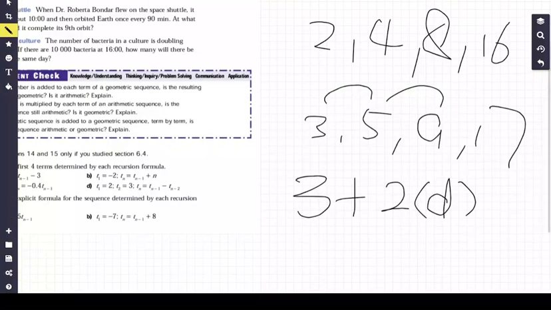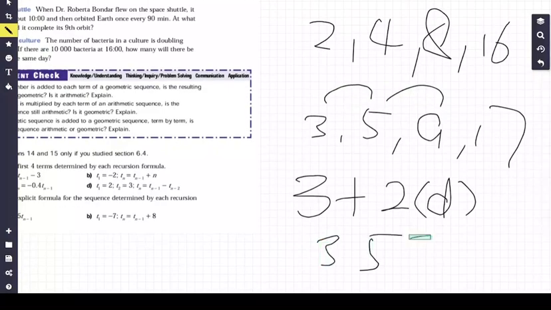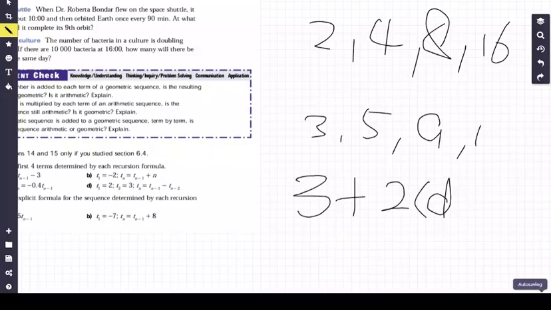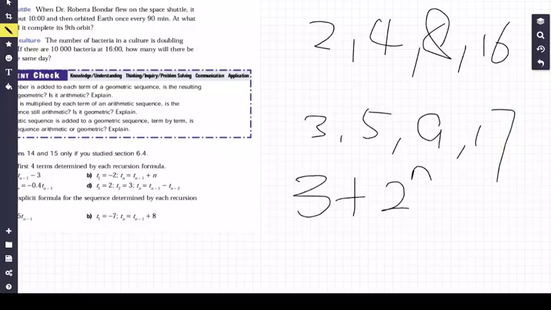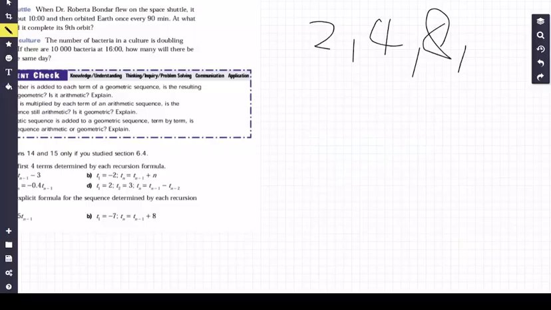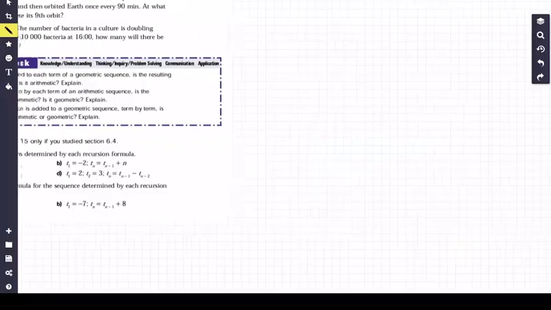If it was geometric, it would have been 3, 5, 7. But now what we have here is 2 to the n, instead of 2 multiplied by something. And you look at this, this isn't a geometric sequence, this isn't an arithmetic sequence. This is a mixture. This is some weird hybrid thing. So this isn't both. Anyways, let's go ahead and move on to the next question.